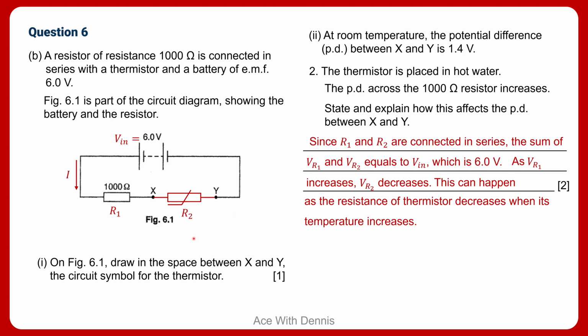Now, how to make VR2 decrease? We know that the resistance is directly proportional to the PD, so that means R2 has to decrease. And we know that when the temperature of the thermistor increases, the resistance of the thermistor will decrease. Alright, so this makes VR2 decrease.